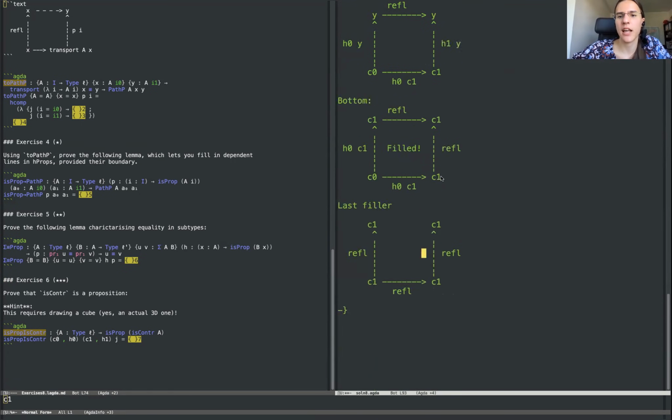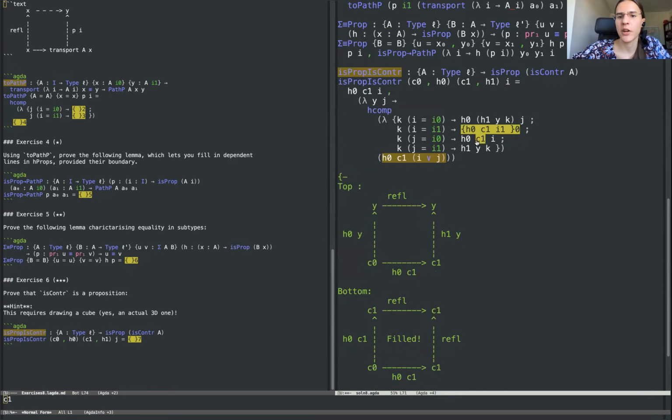Now, what about the other side? We want to connect it to h1 of y eventually. For the other side, we're going to consider j equals this expression. And the catch is there's no dependence already.